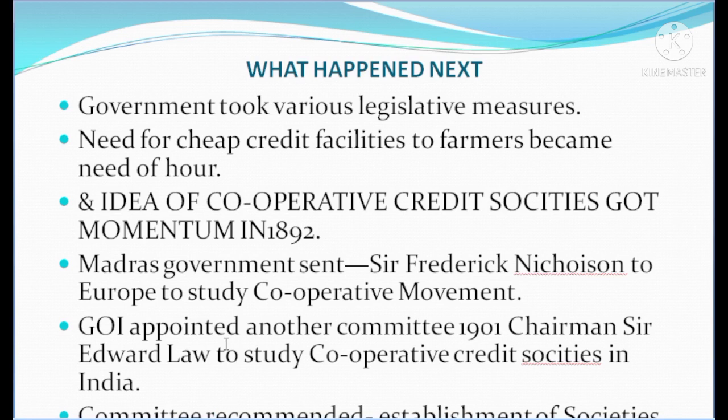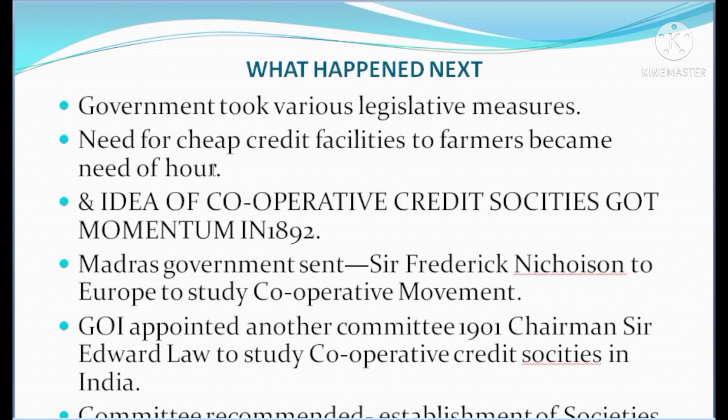What happened next? When the industrial revolution caused these things to our society, the government took various legislative measures. The need for a cheap credit facility to farmers became the need of the hour. That means farmers were in indebtedness. There was a need that they should be provided credit at cheap interest rates, and the idea of cooperative credit societies got momentum in 1892.